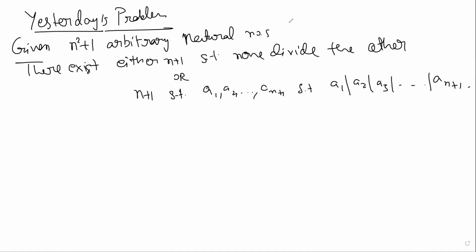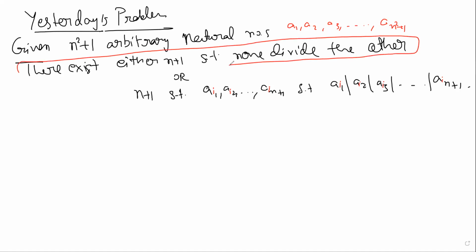Assume that the numbers are a1, a2, a3 till a n square plus 1. You can understand n plus 1 so that none of them divide the other, like there is no divisibility happening. So like prime numbers, something like that, or 4, 6, 10, things of that kind.